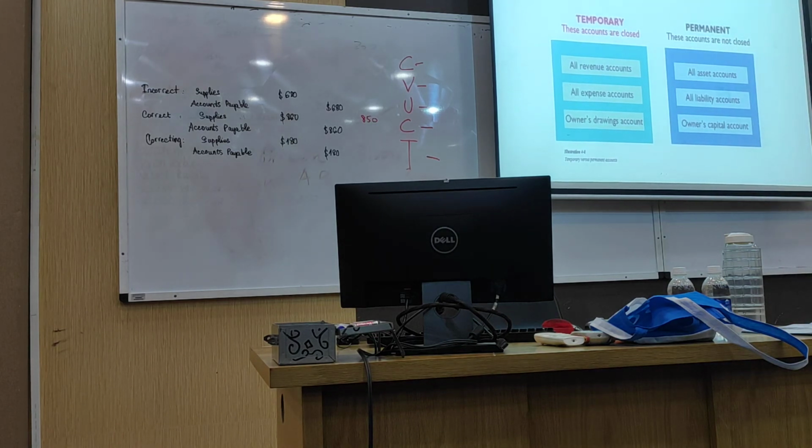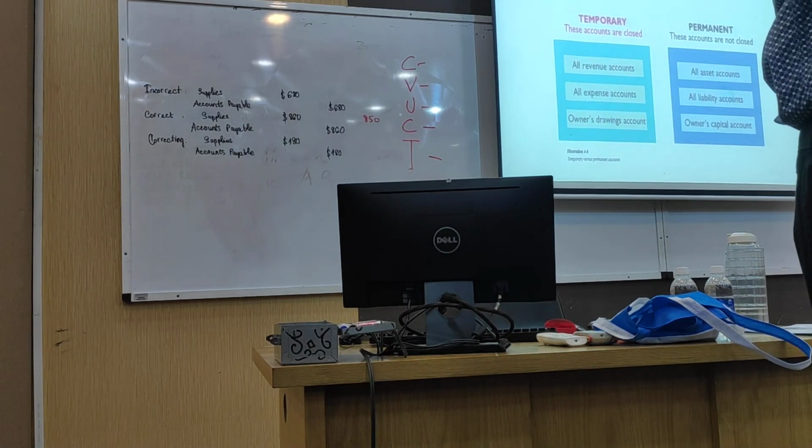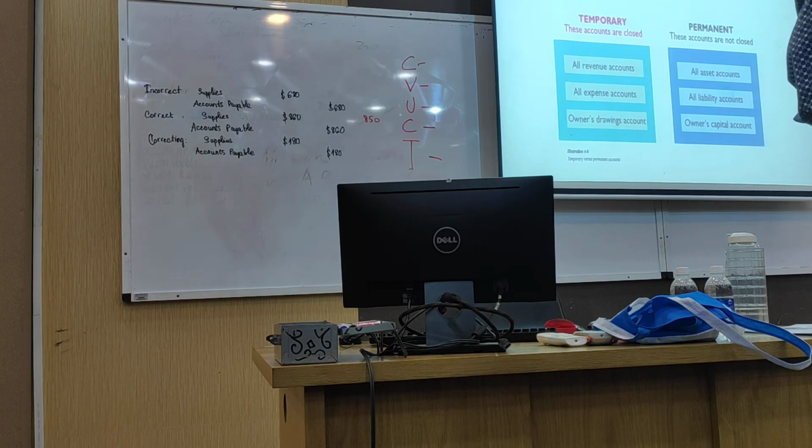Which are your temporary accounts? Your red ones. Why do I call it temporary? I call it temporary because at the end of the financial period, I want to make all these accounts have 0 balance. How do I do that? I do that by transferring it to the capital account.